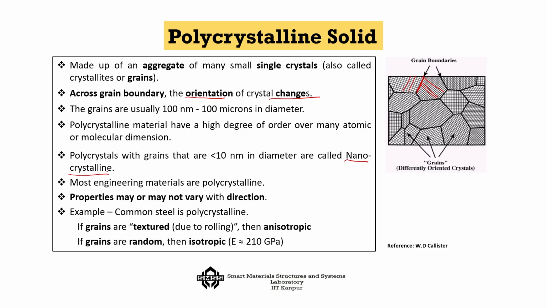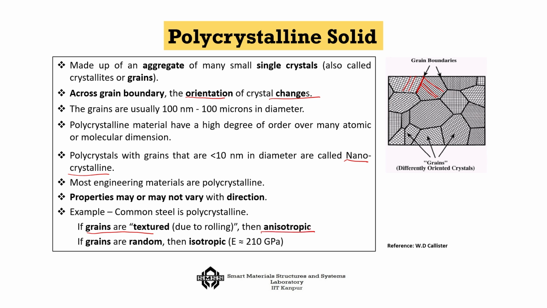Now, these materials may or may not vary their properties with direction. In many cases you can actually achieve isotropy. In some cases, if the grains are textured due to rolling for example, then it becomes anisotropic.